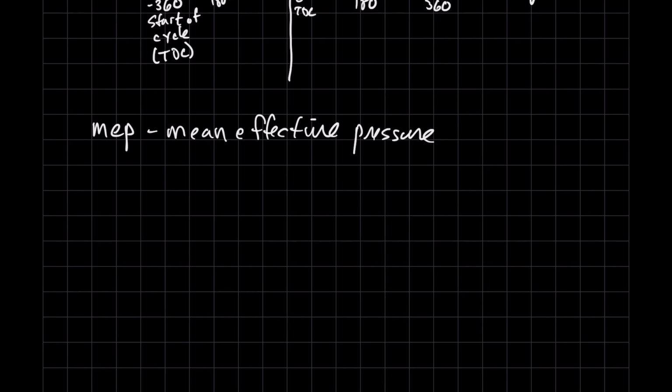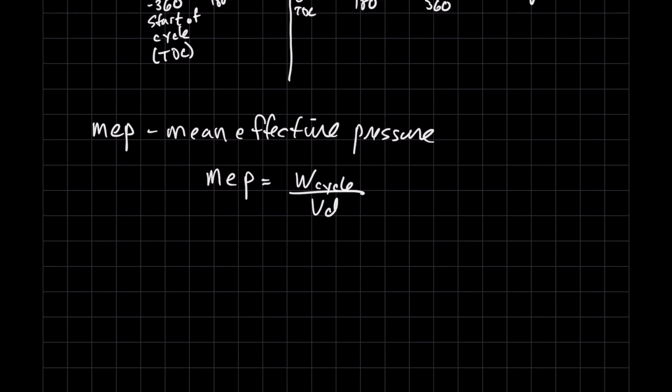So we'll define all of these in class, okay? But in general, there's this term called mean effective pressure. And when we look at how it's calculated, it's simply the work of a cycle divided by the displaced volume of that cycle.